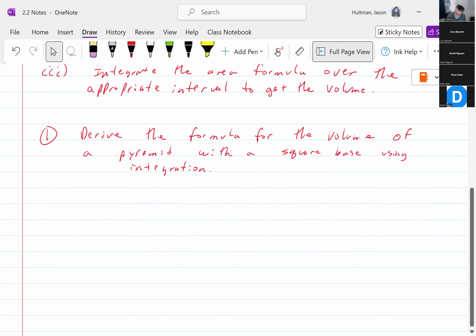Let's find the volume of a pyramid with a square base using integration.